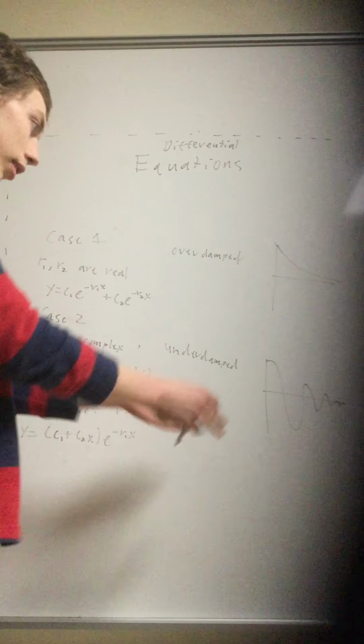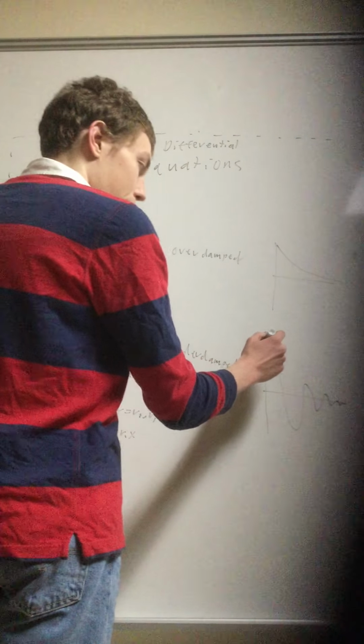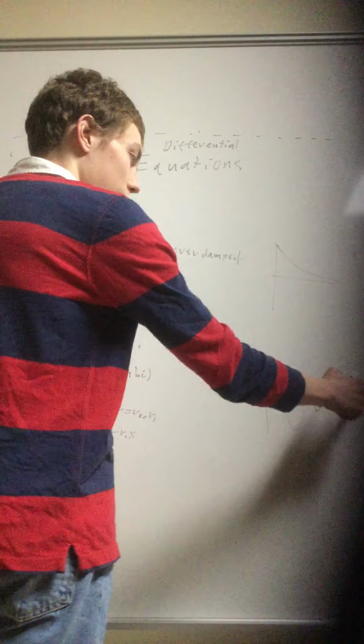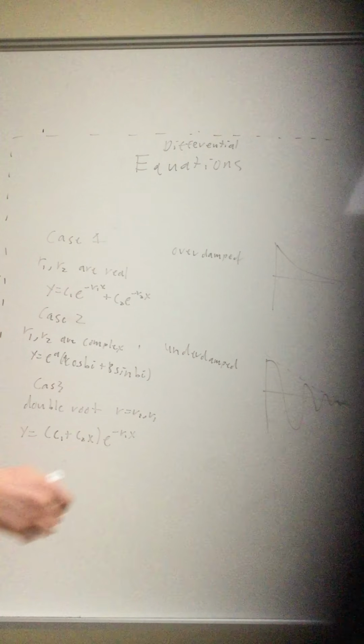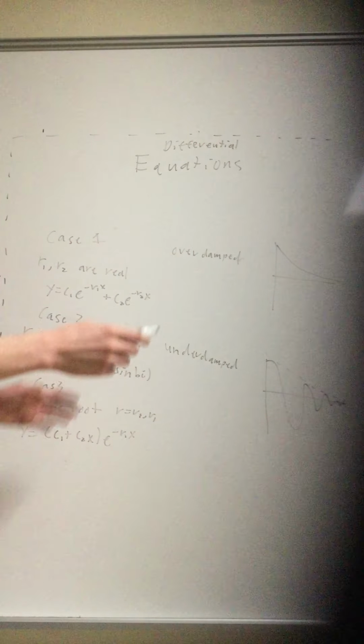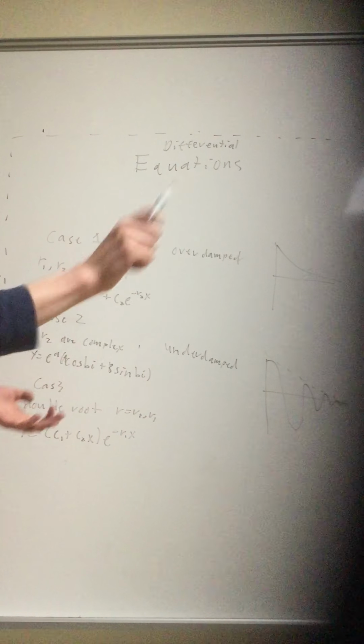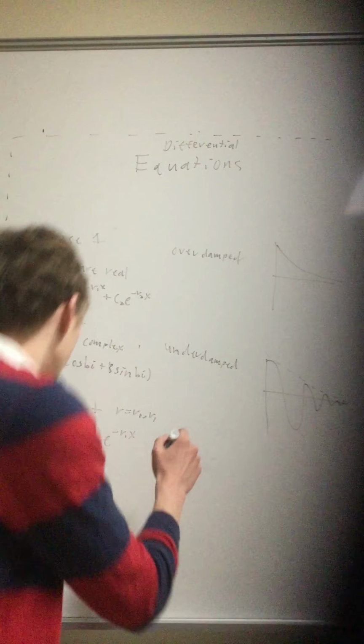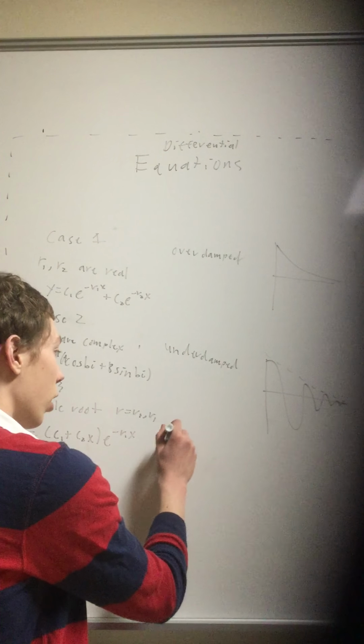Otherwise, we'd have a spring that just explodes. So this is a trig function whose amplitude is decaying exponentially. And this happens when you twang something like a guitar string and it vibrates for a while, but eventually it slows down and pretty much stops. And then the double root case is called critically damped.